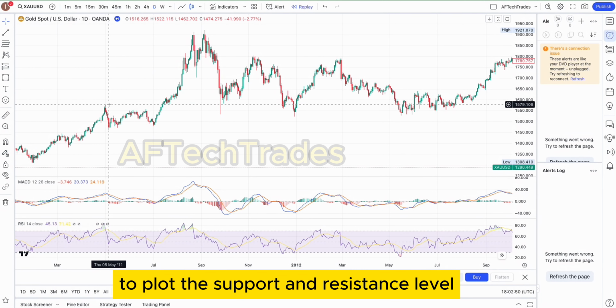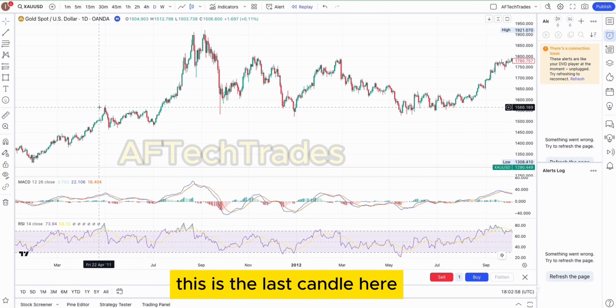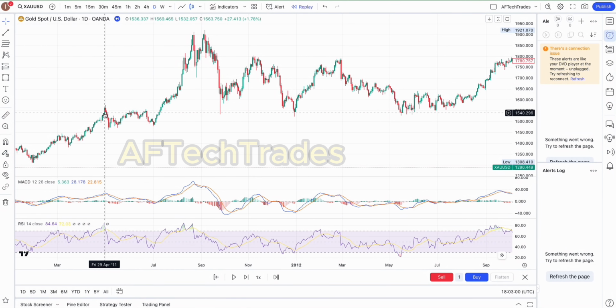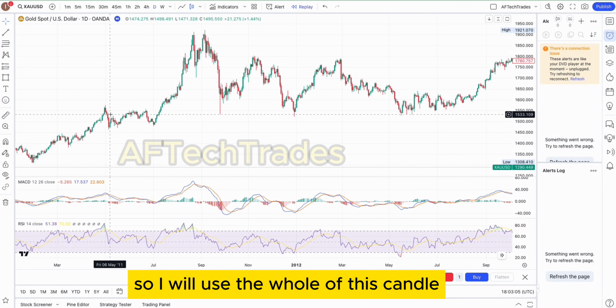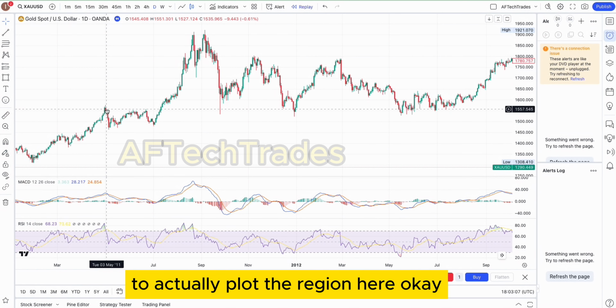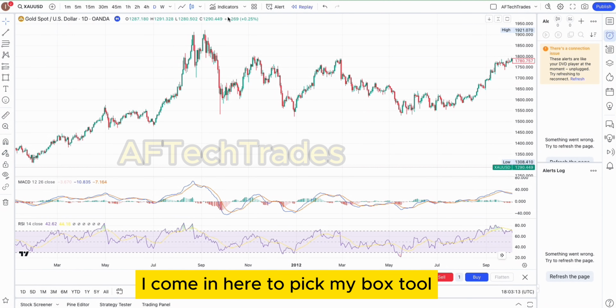So what I will do this time, I'm going to use a different approach to plot the support and resistance level. In this higher high, this is the last candle here. This is the last candle before this reversal. So I will use the whole of this candle to actually plot the region here. Okay. So to do that, I come in here to pick my box tool.